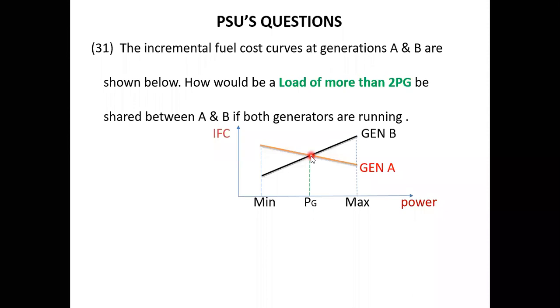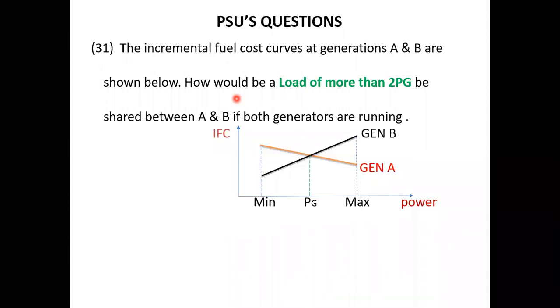Because at this point the incremental fuel cost for generator A and generator B is equal, both generators will generate the same amount of power. When you consider PG, generator A will produce PG amount of power, and similarly generator B also generates PG. When you add these two, the total power produced is 2 into PG.